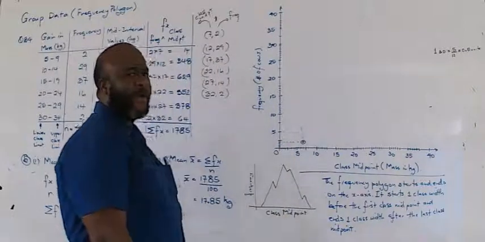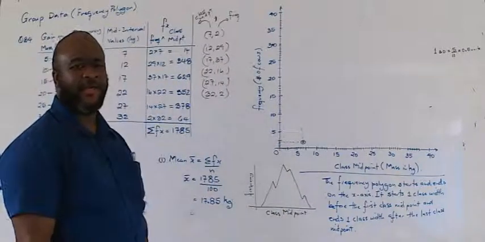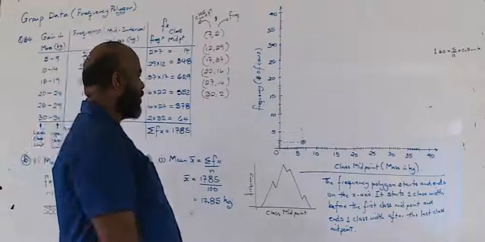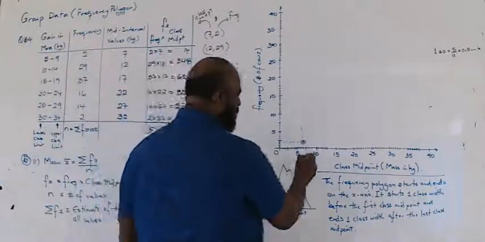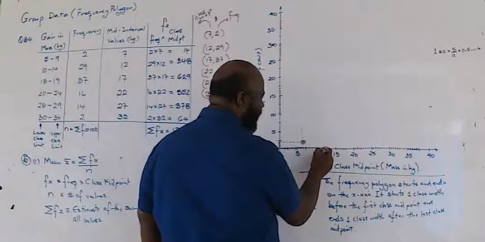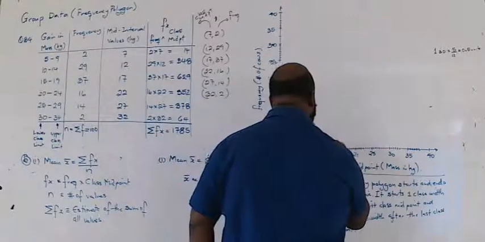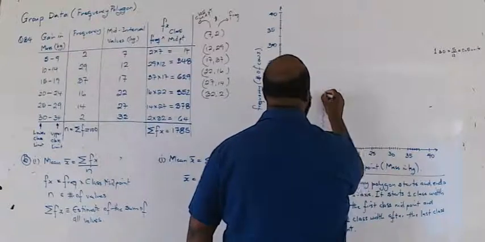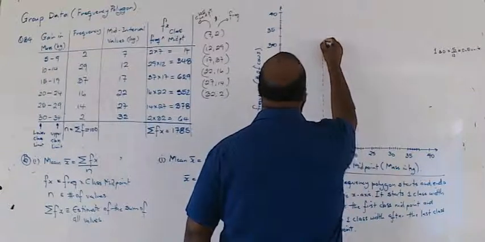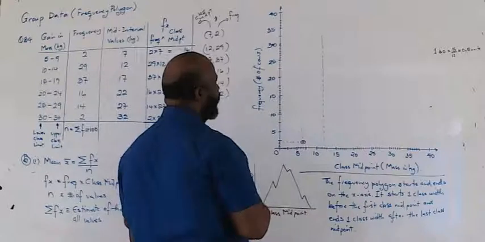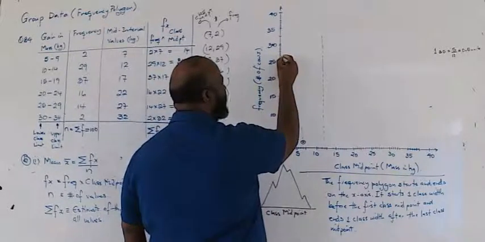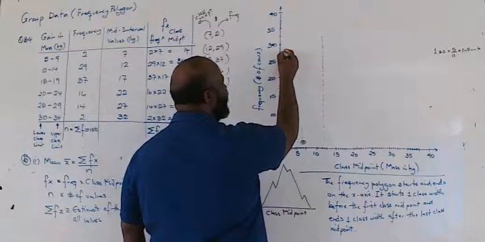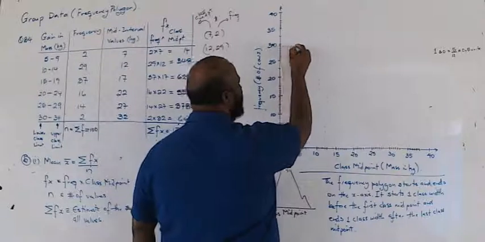Everybody knows that you must not draw these dotted lines, right? I'm the only person who draws dotted lines. 12 corresponds to 29. So this is 10, 10.5, 11, 11.5, 12. 12 vertical and 29 horizontal. Let's find 29: 25, 25.5, 26, 26.5, 27, 27.5, 28, 28.5, 29.